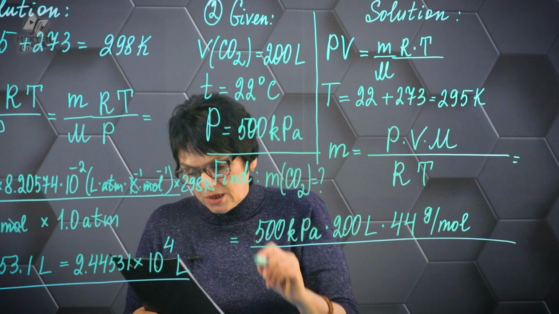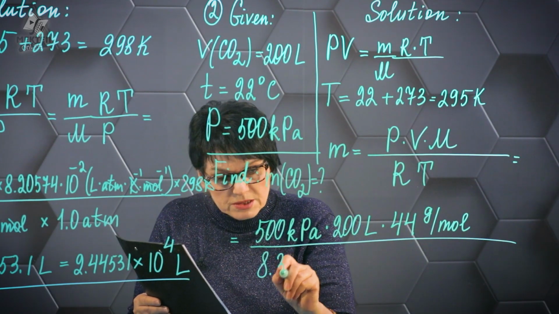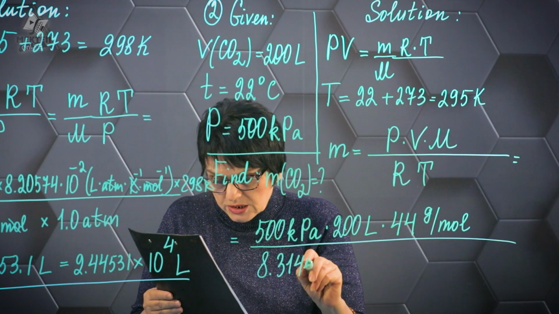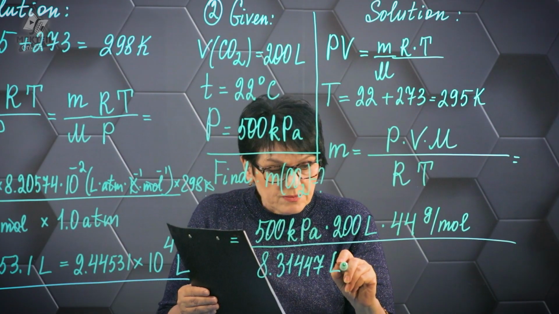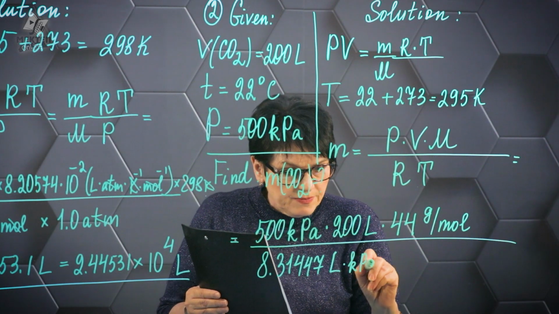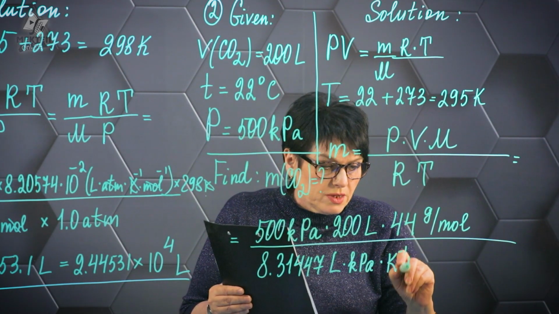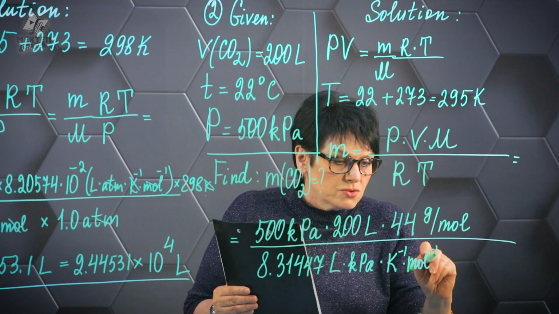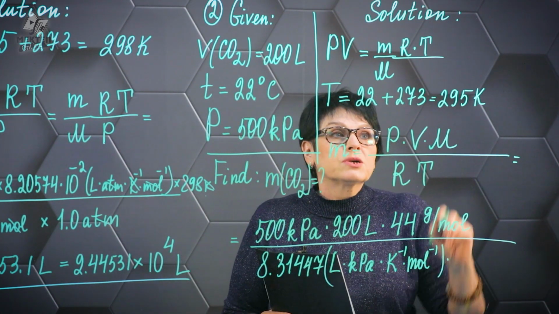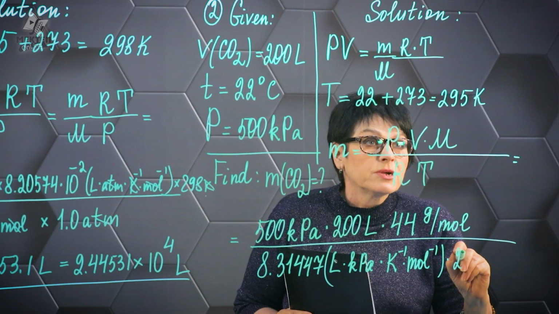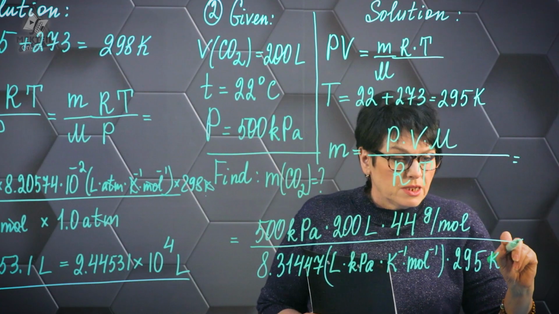Note it has to be in terms of kilopascals, and that's 8.31447 in liter-kilopascal per Kelvin per mole, and then multiplied by the temperature, and we've thoughtfully converted the temperature to Kelvins: 295 Kelvins.